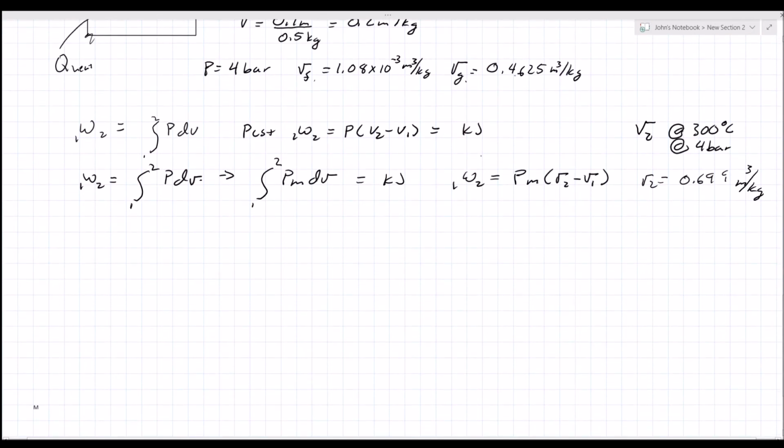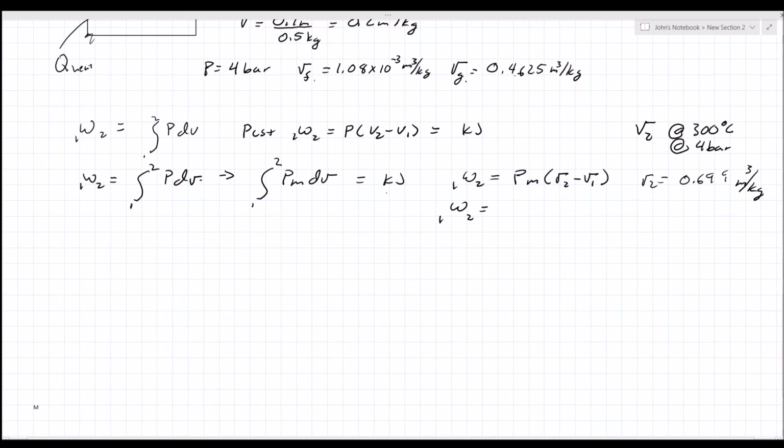So, my work from 1 to 2 is equal to my pressure, which is 4 bar, which I actually have written out here. So we'll have to convert that to pascals.